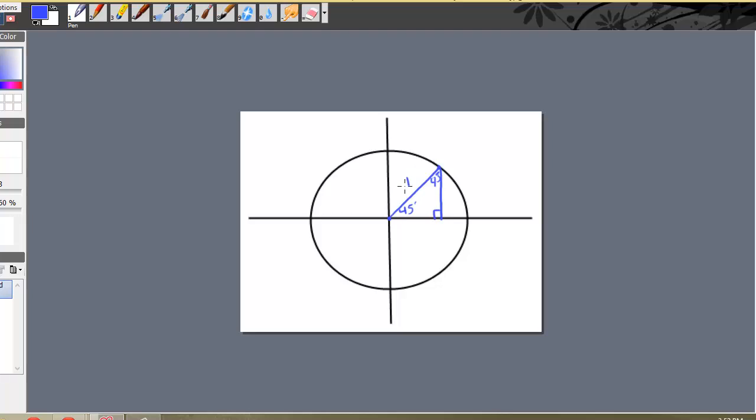And if we know the hypotenuse is 1, and we know that in your 45, 45, 90 triangle, you've got x, x, and x root 2 as your hypotenuse, your legs, in this case, must be x, which in this case is 1 over root 2, so it's simply root 2 over 2.